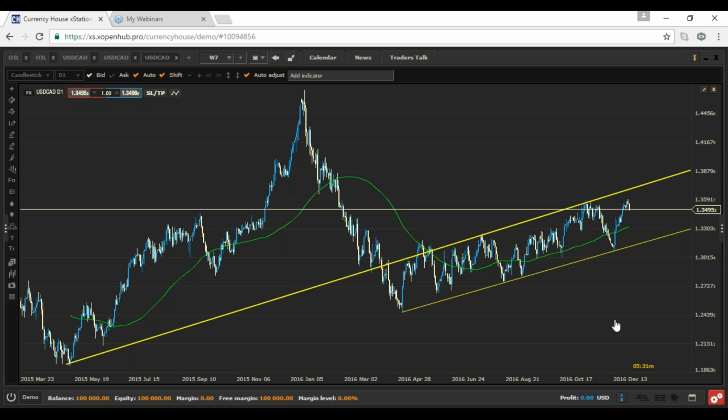But at the same time, we see sustainable growth in the US economy. We see rather hawkish comments from the Federal Reserve, and we do not see such growth in the Canadian economy.